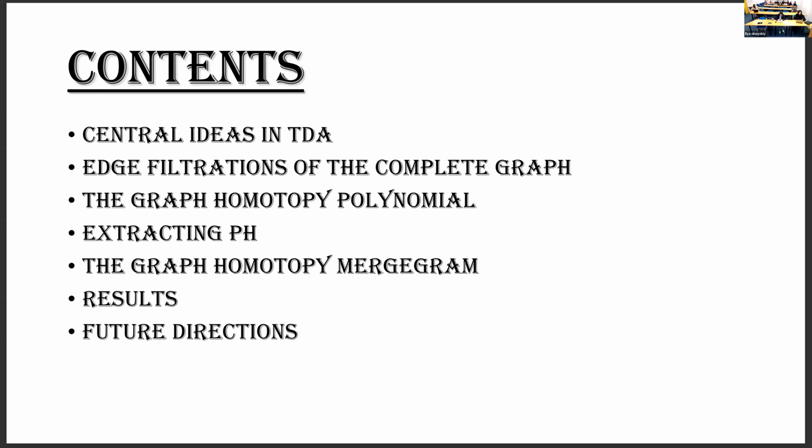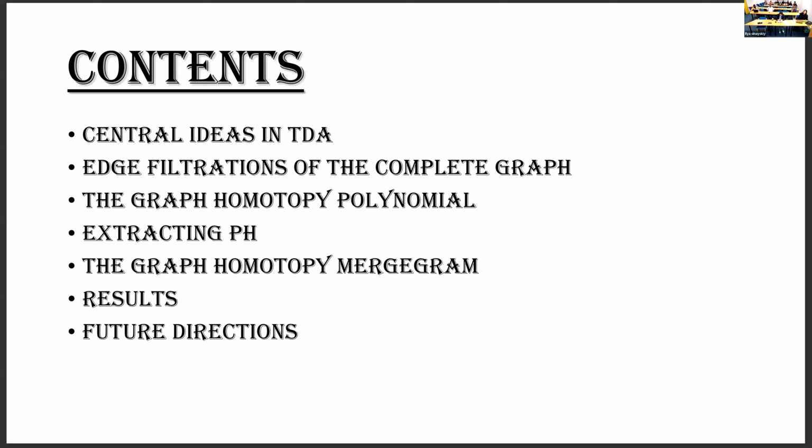So the first thing we look at is central ideas in TDA. This is because the graph homotopy mergegram is inspired by and uses a lot of ideas from topological data analysis, abbreviated TDA. We'll then look at a particular type of filtration of graphs called the edge filtration of a complete graph.